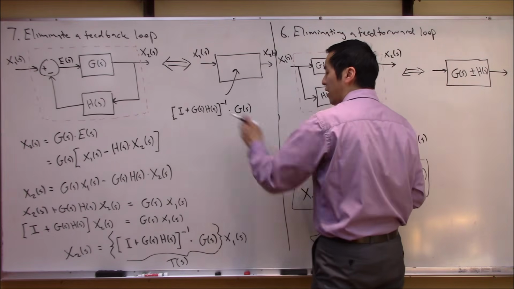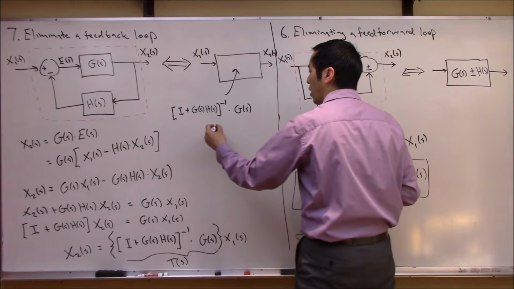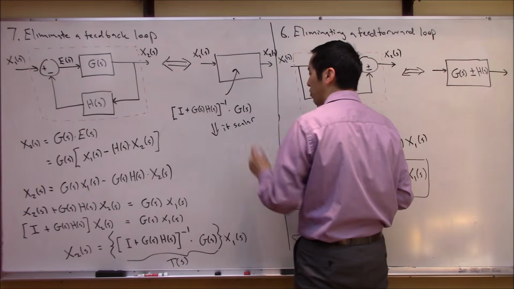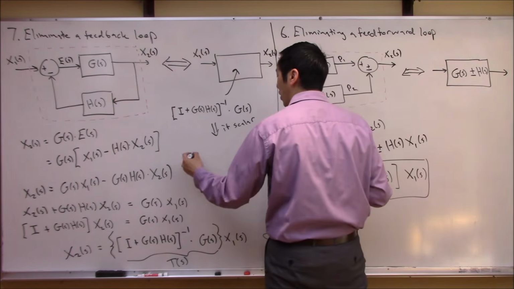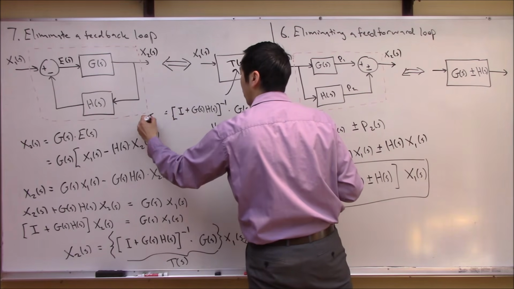Now, if these things were all scalar, you see that this inverse can go on the bottom. So let me write here that if these are all single input, single output systems, you'll end up with this closed loop transfer function. This is what we're calculating right here.